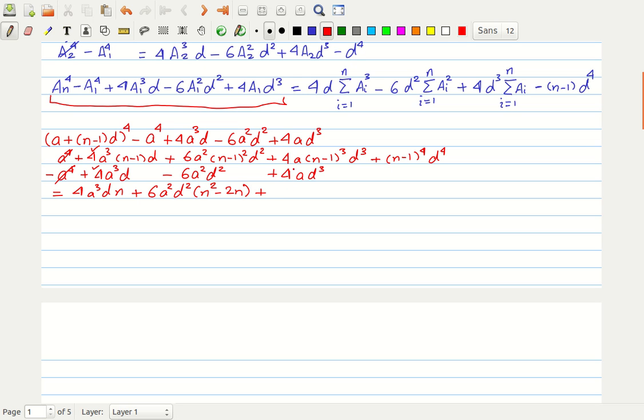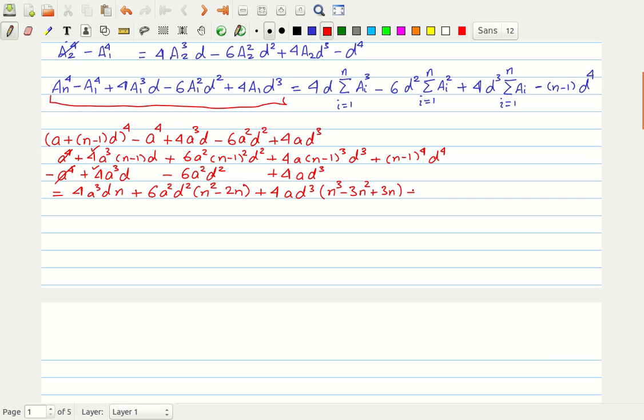Plus I can take 4ad cube common out. So this is 4ad cube. Now n minus 1 cube can be written as n cube minus 3n square plus 3n minus 1 and plus 1. So you'll be left with n cube minus 3n square plus 3n, right?